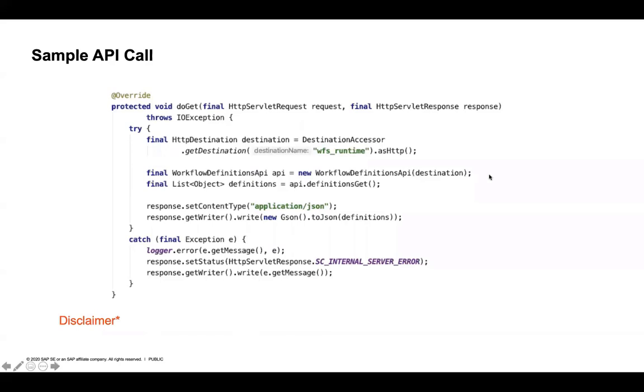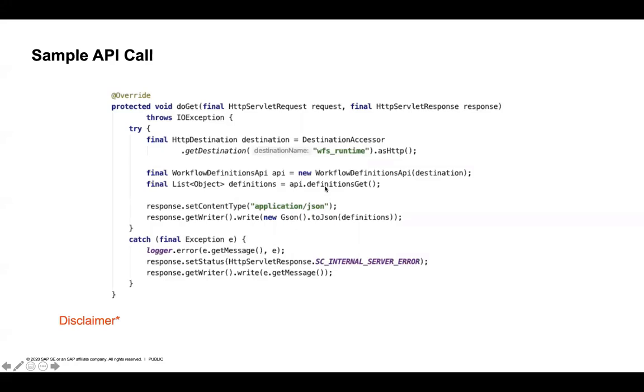We instantiate our destination, which we would need to bind in Cloud Foundry, and then we have a workflow definitions API. This is one of the workflow APIs that are offered, and it can be addressed programmatically together with our destination, which sets up basically everything that we need.